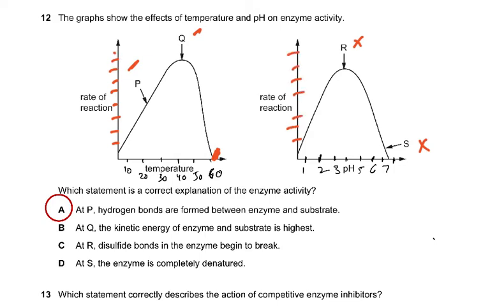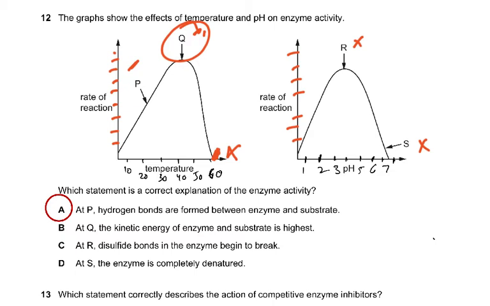And then it says which statement is the correct explanation of the enzyme activity. At P, hydrogen bonds are formed between enzyme and substrate. At Q, the kinetic energy of the enzyme and substrate is highest. That's rubbish. The highest is here at this point. At R, disulfide bonds in the enzyme break, and the enzyme begins to break.